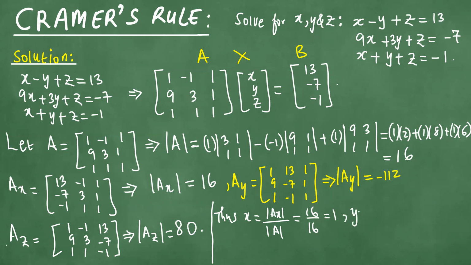We also have Y, the determinant of A sub Y divided by the determinant of A. The determinant of A sub Y is minus 112, the determinant of A is 16, and this is minus 7.